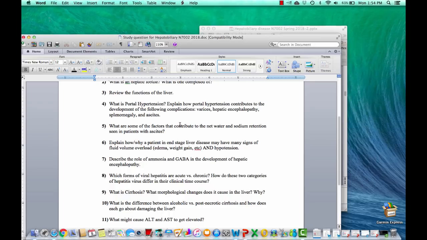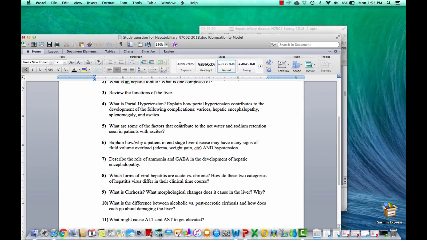Which forms of viral hepatitis are acute versus chronic, and do these two categories differ in their clinical time course? They obviously differ in their clinical time course, right? Because what happens with acute hepatitis after you get that initial illness? You completely recover, right? You're able to totally clear the virus from your body.